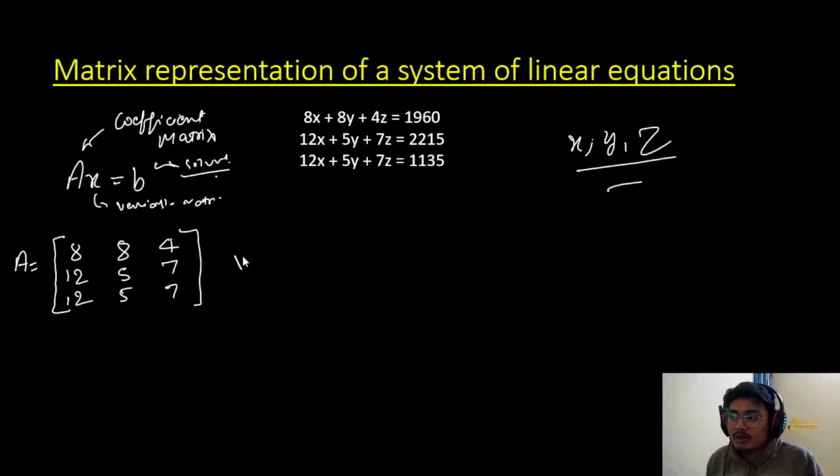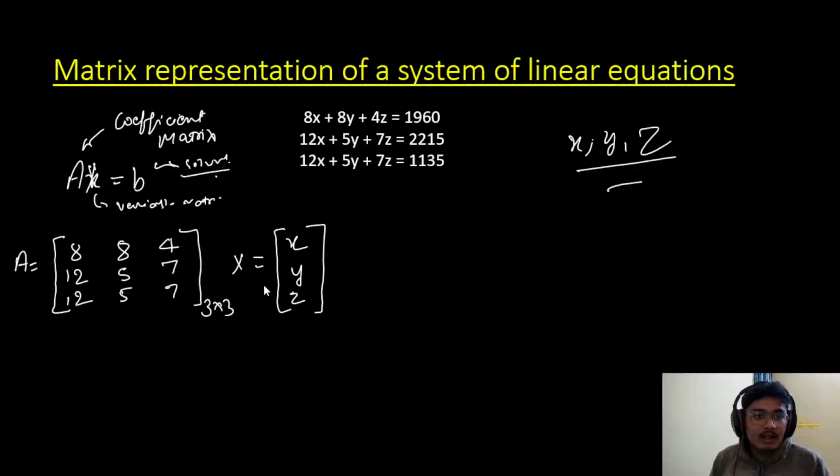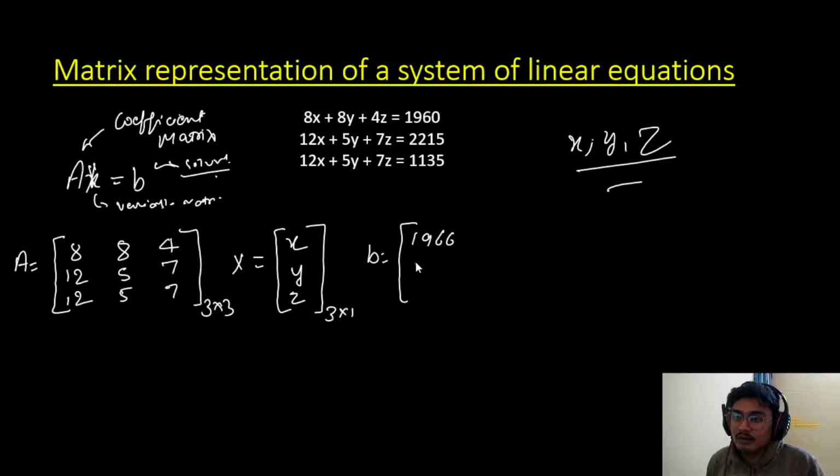The variable matrix, basically this will be the capital X, which consists of the variables x, y and z. We have three variables. You can note that A is a 3 cross 3 matrix, and X is a 3 cross 1 matrix, and we have the B matrix also, which is a column matrix of these constants.